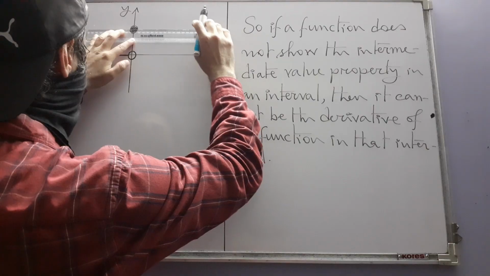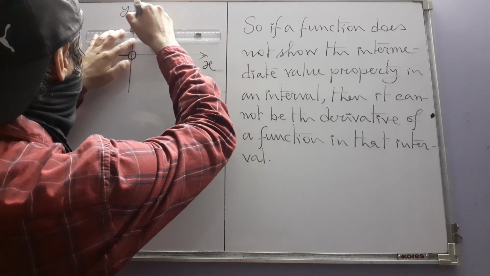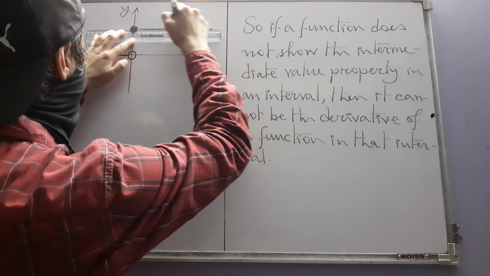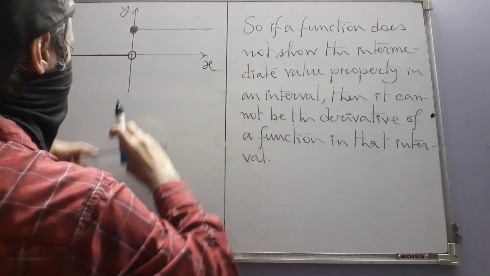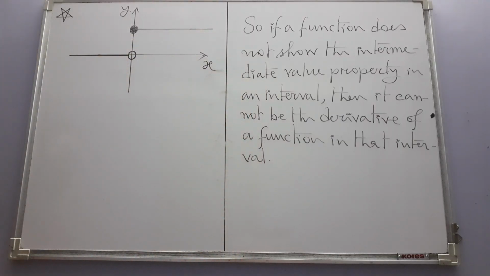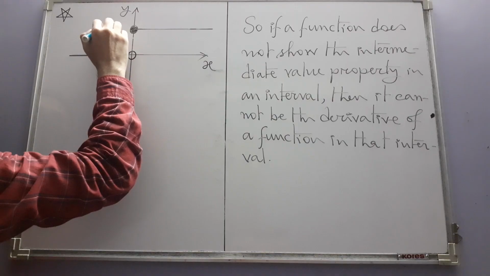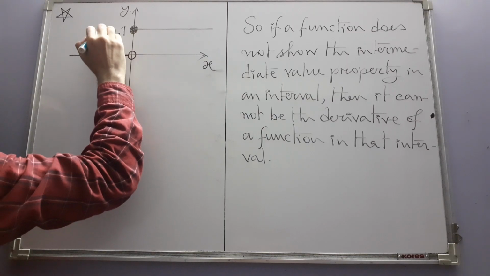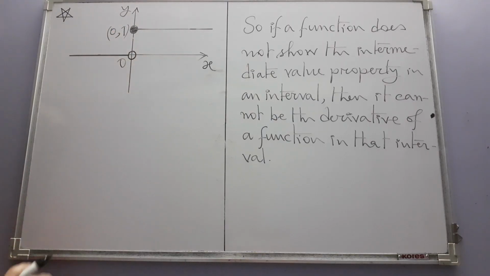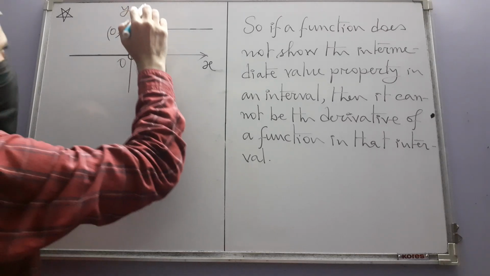And to the right of 0, the graph is this horizontal line. So the function becomes constantly 1 there. So this point is (0, 1), and this of course is 0. So this is the unit step function.